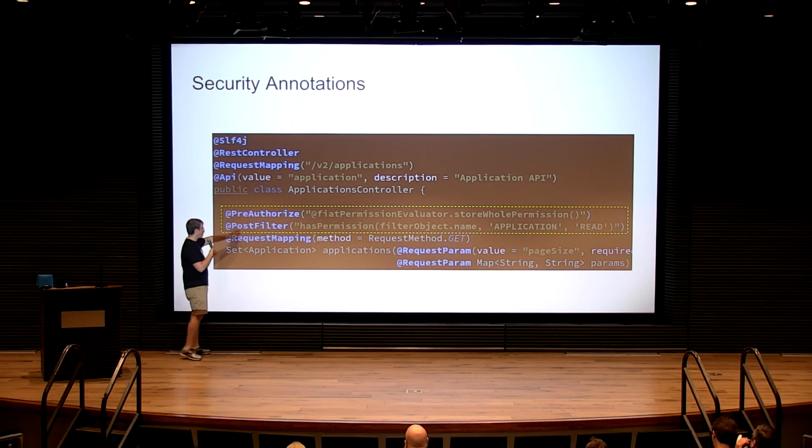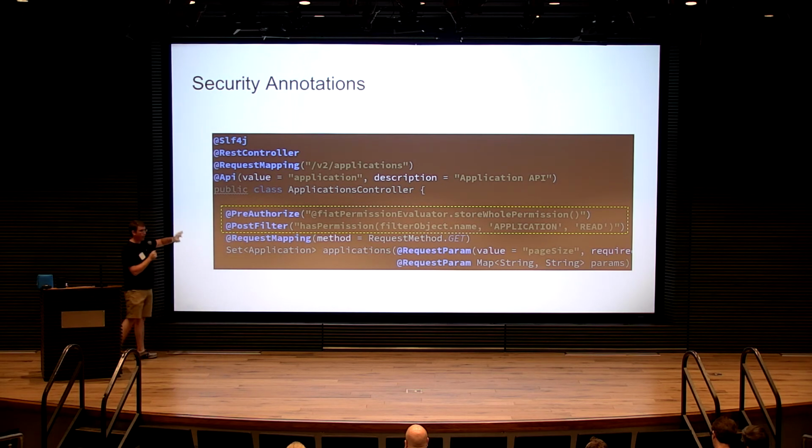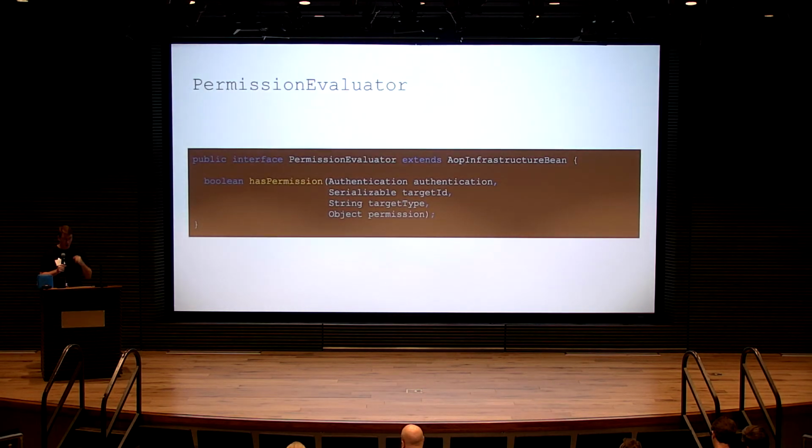You'll see littered throughout pre-authorize and post-filter calls, where this is talking to the Fiat permission evaluator. This is a bean that is part of the Spring Security Framework that we've hooked into in order to provide the least intrusive way for the application developer to secure their code.